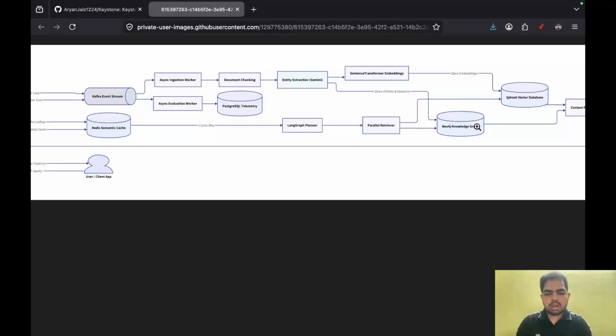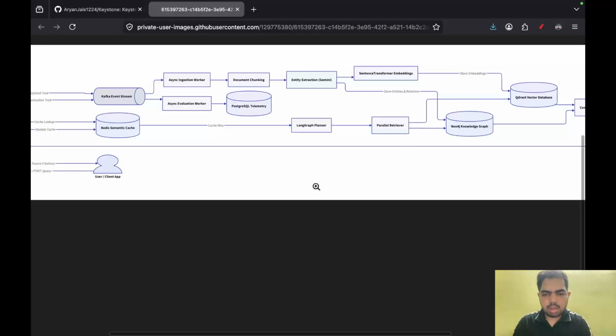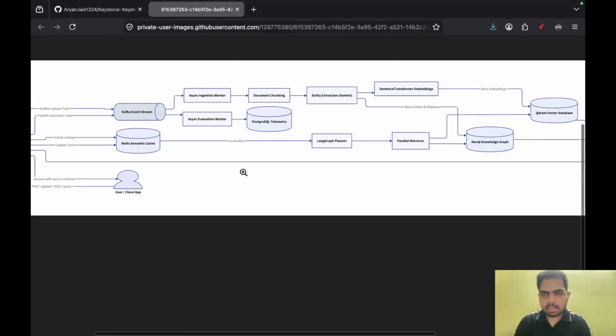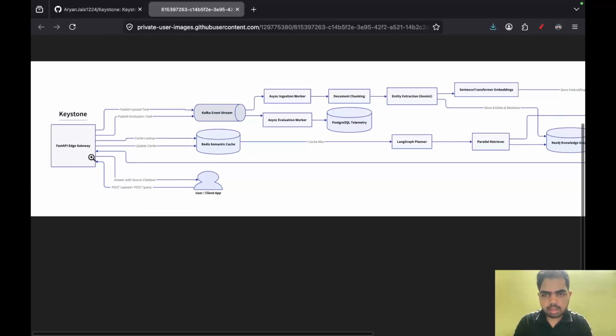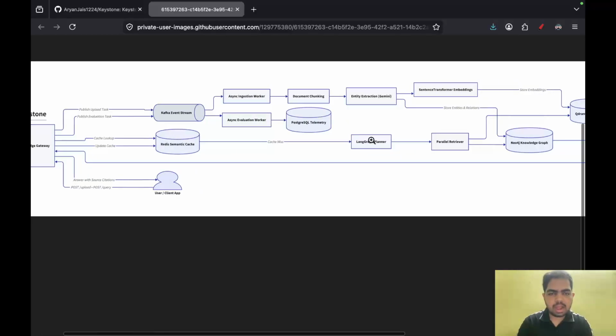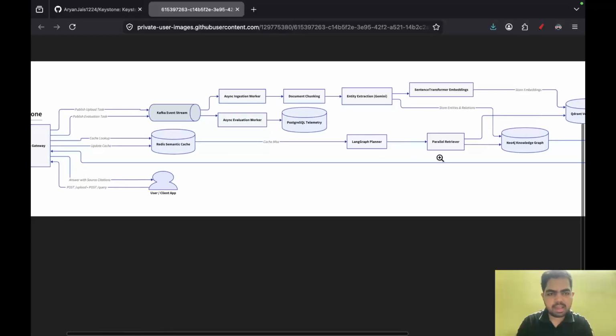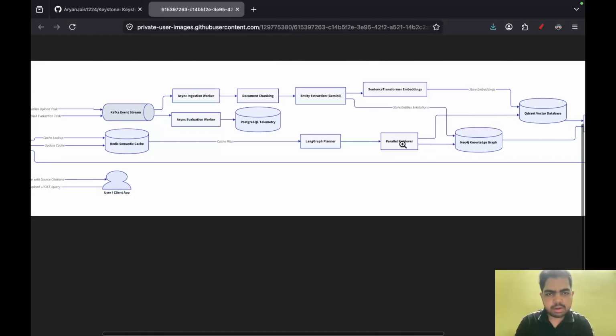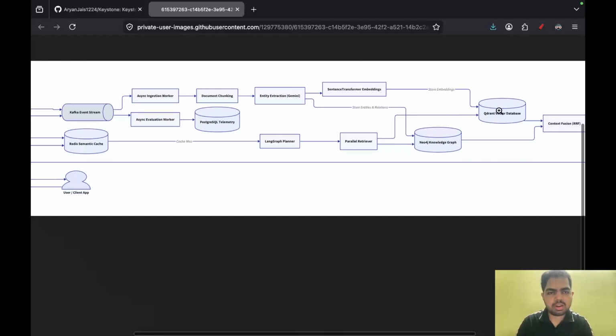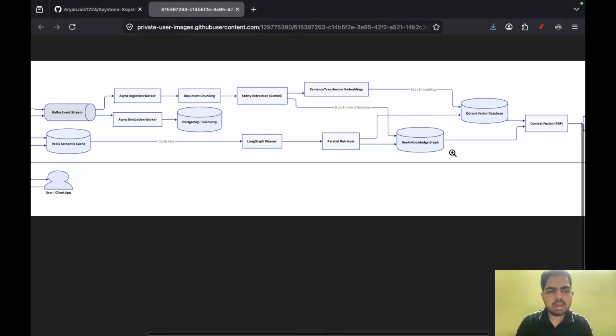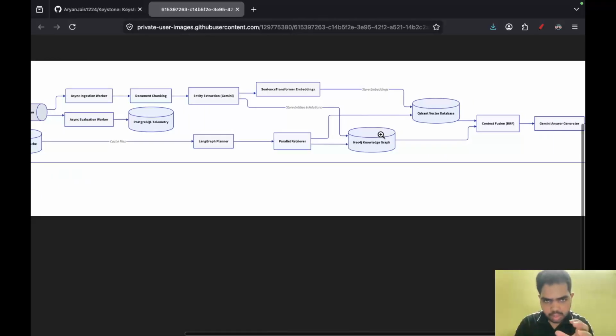Now, during the query execution phase, the API gateway first checks the Redis semantic cache, and if it is a cache hit, it can return the response from there itself. If it is a cache miss, then it goes to the LangGraph planner, and from there we have a parallel retriever which refers to both the Qdrant vector database and the Neo4j knowledge graph, and uses things from both of them.